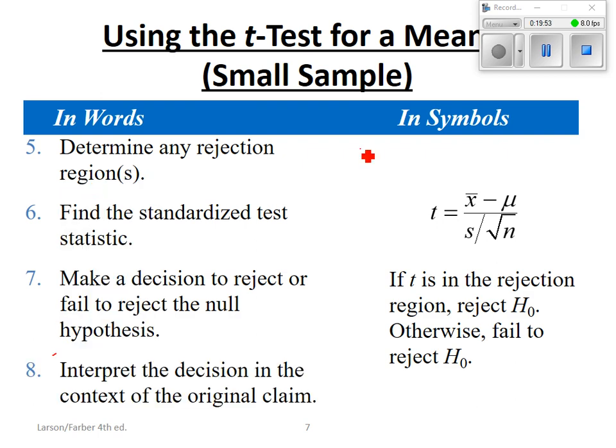Number 5 here. Again, just draw your picture, put the rejection regions on it. Number 6, that's your value. Number 7, decide to reject or fail to reject. Number 8, interpret.